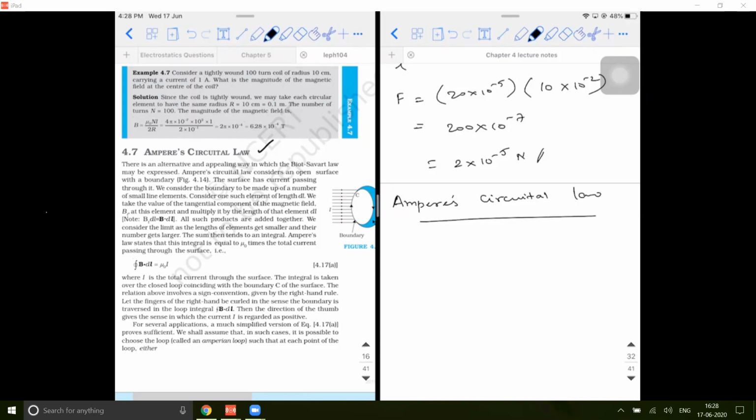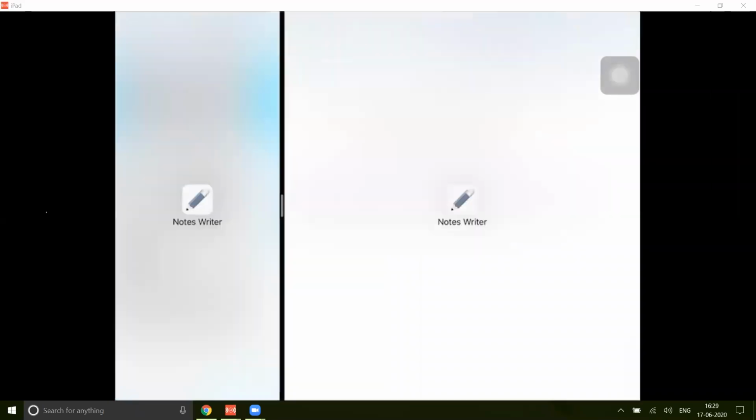It is similar to the Gauss law concept, except the fact that Gauss law uses the concept of electric flux. Here we don't use the concept of magnetic flux. We just have a law which is defined according to this equation. So here it is defined like this.